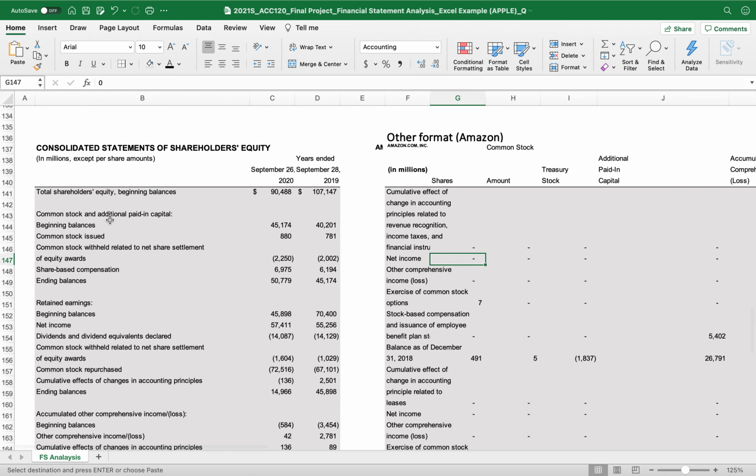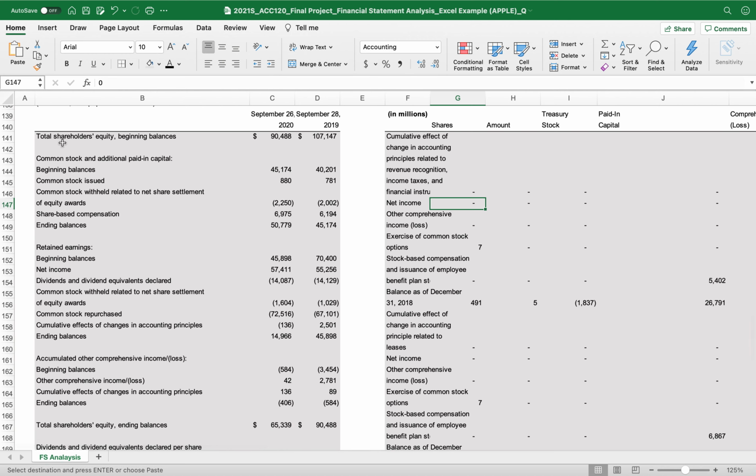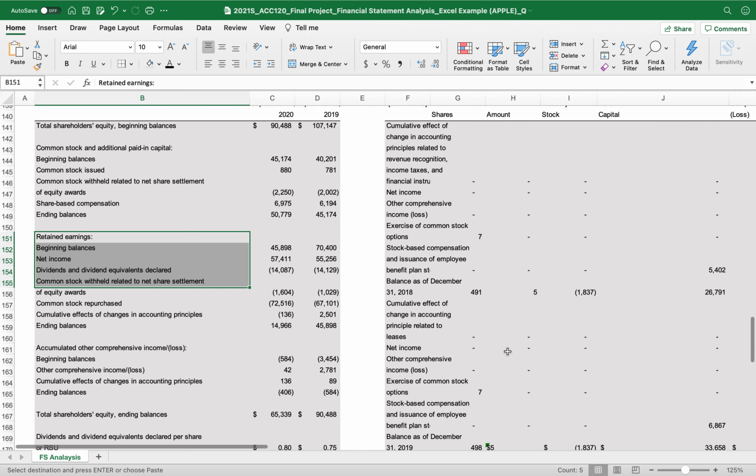And this consolidated statement of shareholders' equity is for Apple. This Apple one has the vertical way. 2020, 2019 shareholders' equity, beginning balance, common stock, additional paid-in capital, and so on. Retained earnings, exactly the same, right?